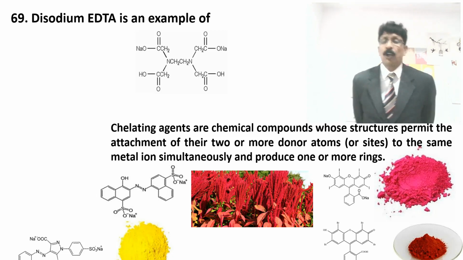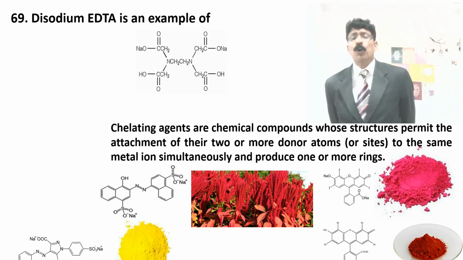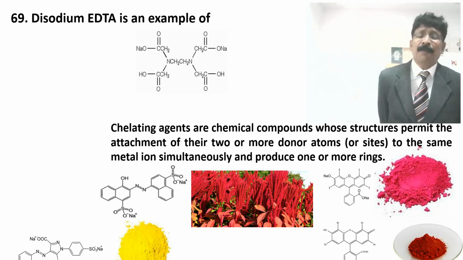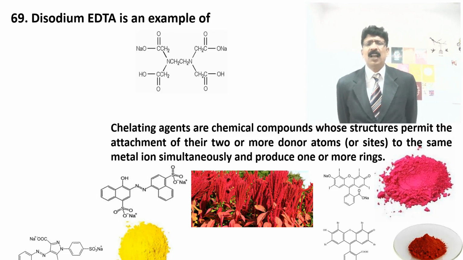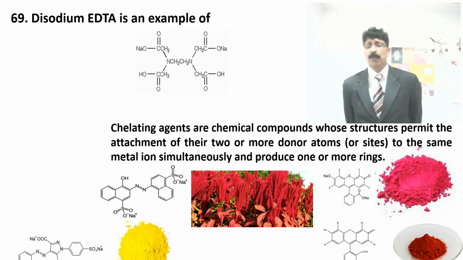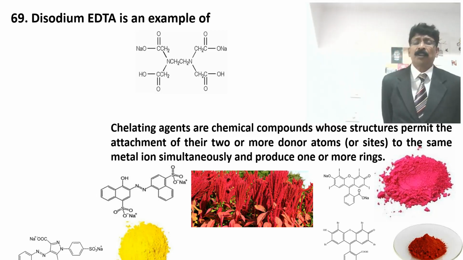A complex can be formed. A chemical compound with this structure binds to two or more donor atoms on the site. Metal ions can easily form complexes. You might have studied the calcium complex with EDTA, which simultaneously produces one or more rings. You can see the picture.